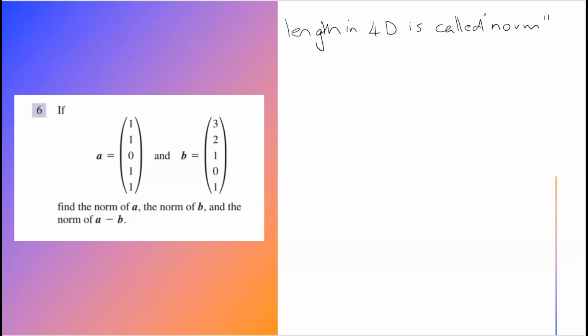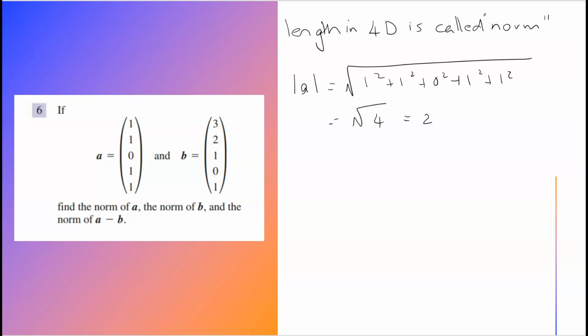So it's still easy to find out, just an expansion of Pythagoras' theorem. So the length of A is going to be the square root of 1 squared plus 1 squared plus 0 squared plus 1 squared plus 1 squared, which appears to me to be the square root of 4, which is 2.